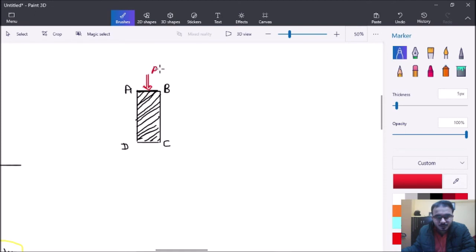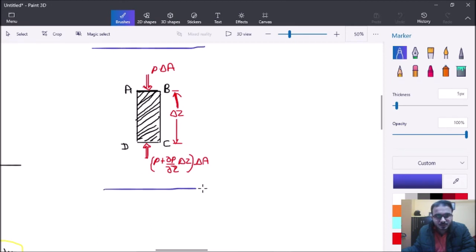Here it will be P into delta A. Here it will be P plus del P over del Z into delta Z into delta A. So here the thing is that we are having this height as delta Z. Now the thing which I haven't drawn initially is that this is entirely a part of fluid.